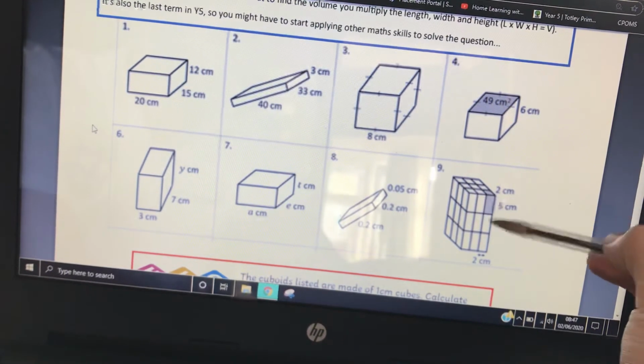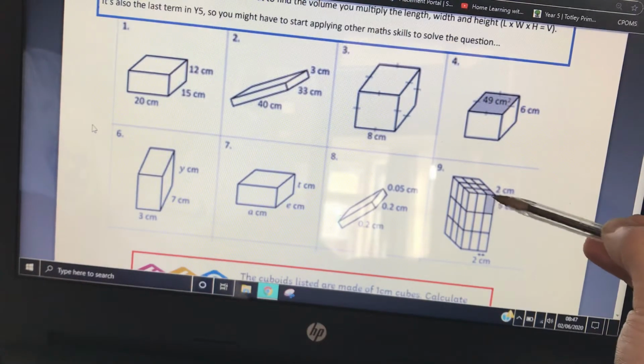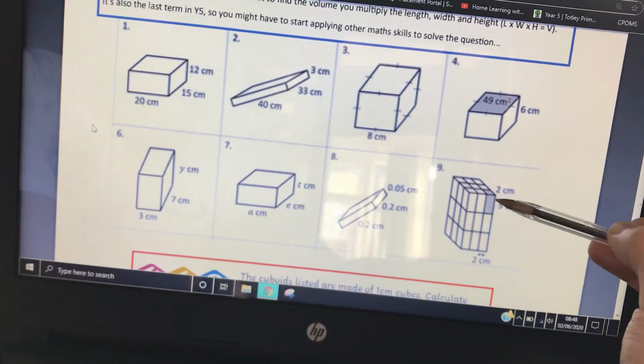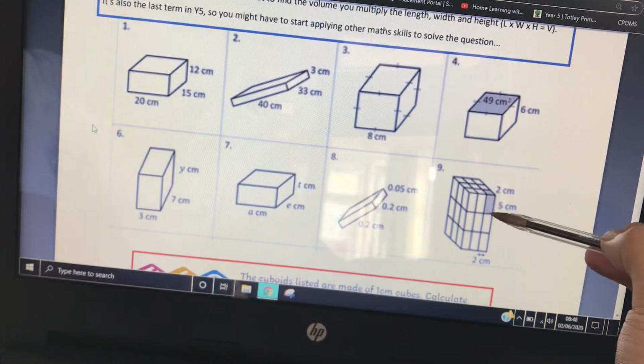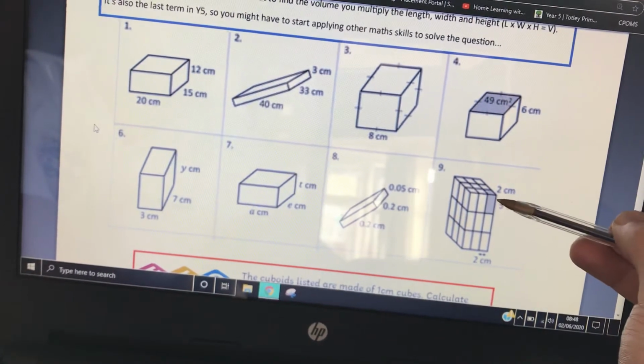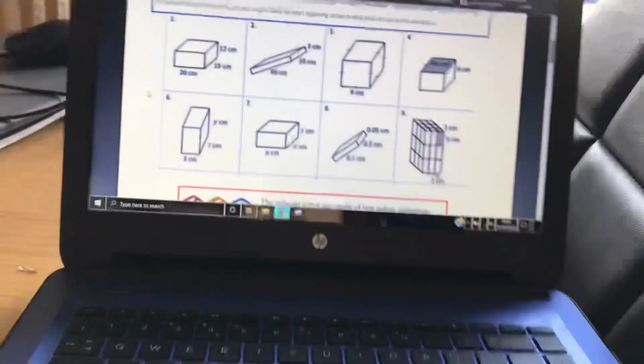Well, no, they should be cubes, but they're cuboids. So they've given you the measurement of just one of these, and you know it is 2 by 5 by 2, because the 2's down here. So you know that down here is 3 of them, so 5, 10, 15.